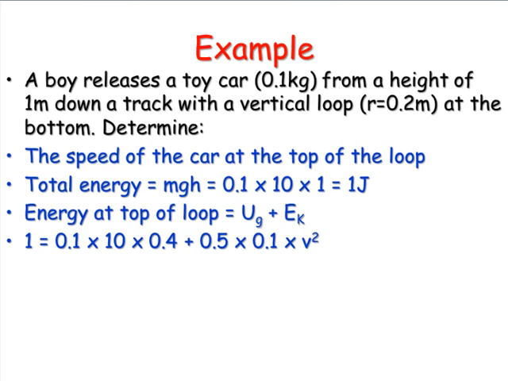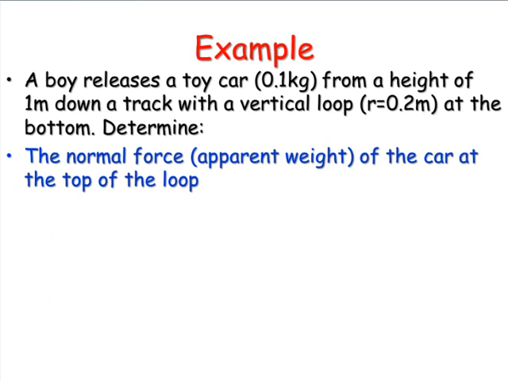The potential energy at the top, it's gone up a total of 2 radii, so up to 0.4, times 10 times 0.1, that's mgh, which leaves us with a half times mv squared. So rearranging, that's 0.4, so we get 0.6 divided by 0.05, v squared equals whatever that is. Take the square root, we've got 3.46 meters per second. So in going from the base to the top, we've lost about 1 meter per second.